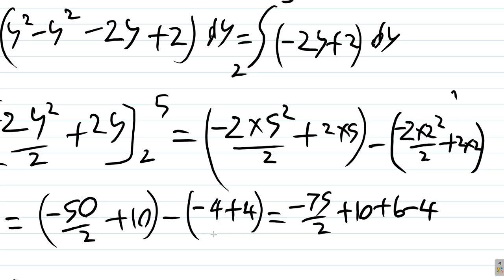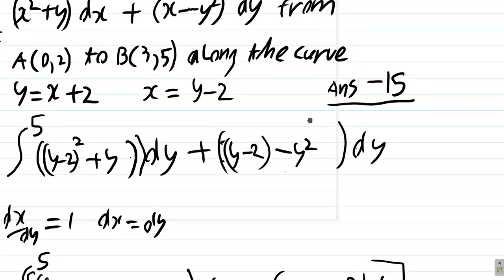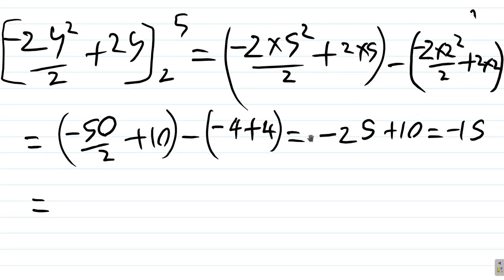Right? So this part now will become negative 50 over 2. That's negative 25 plus 10, negative 15. Right, so it would work out. Alright? So you see how one simple mistake threw off everything. Right? So after all that, we got back negative 15 if we do that.